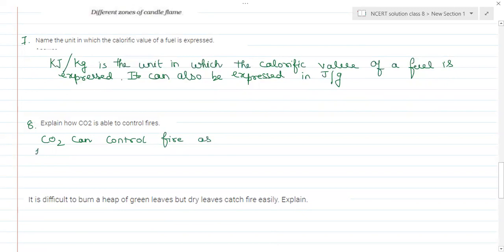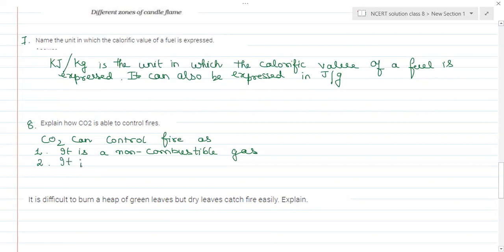as, first, it is a non-combustible gas, unlike oxygen. It is a non-combustible gas, and sorry about that. So it is a non-combustible gas.